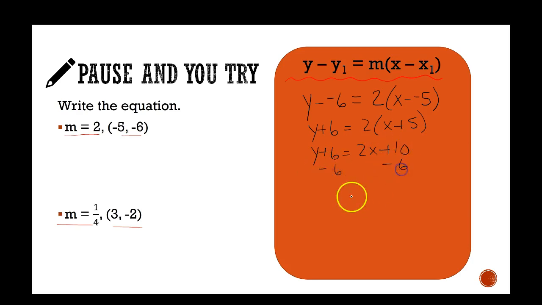Subtract the 6, and you should have ended up with y equals 2x plus 4 as your equation for this first one. And again, that's just putting the equation into slope-intercept form, which is covered in another video, but it's just simplifying it down. Good. All right, let's take a look at the other.